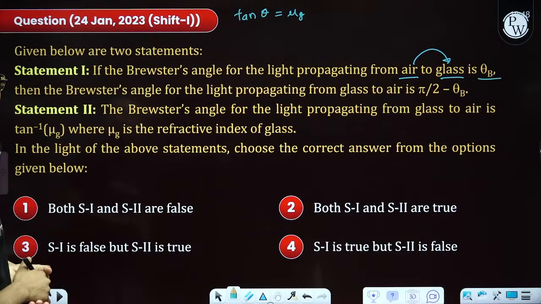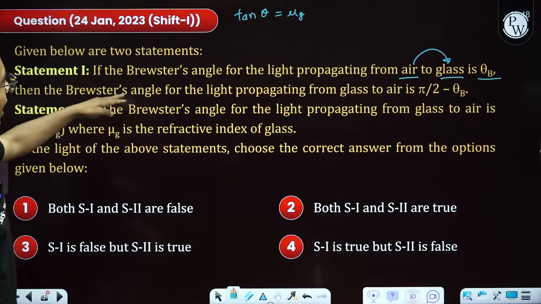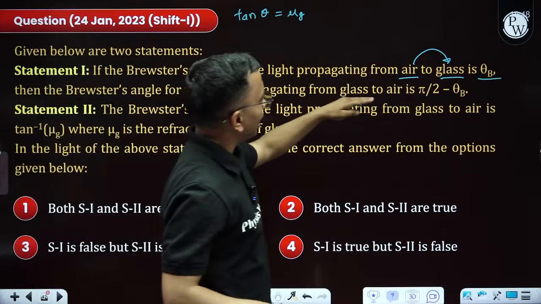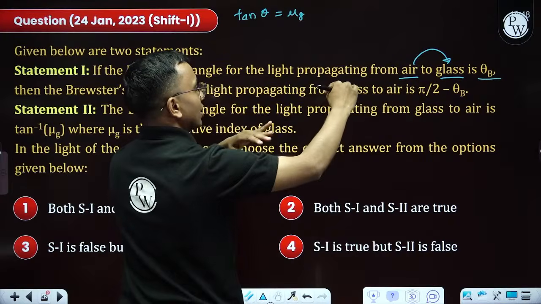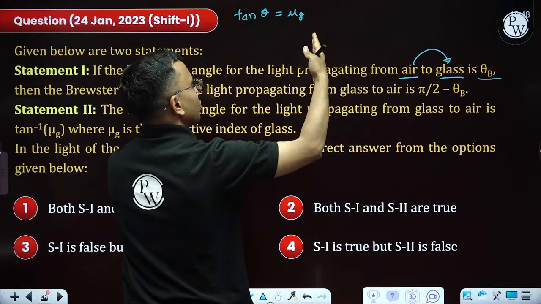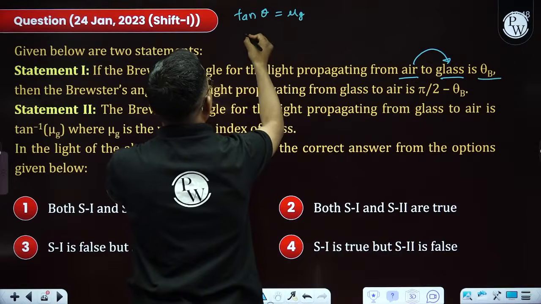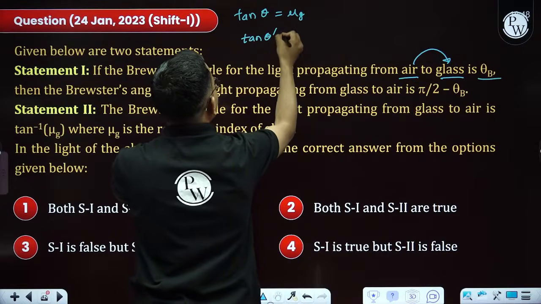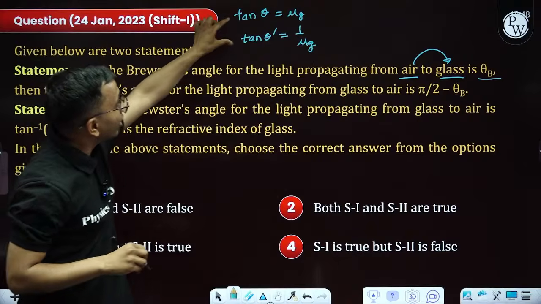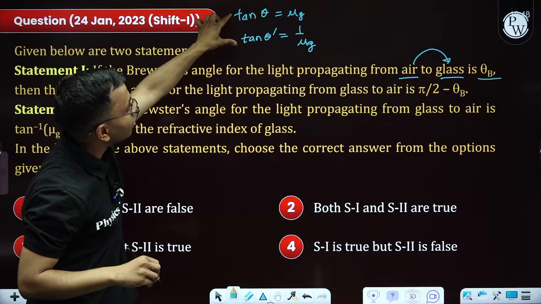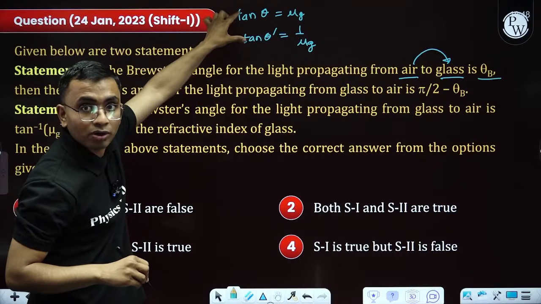Then the Brewster angle for light propagating from glass to air: the refractive index will be opposite, mu air divided by mu glass. Then tan theta dash will be equal to 1 by mu glass. What has to be the relation between these two? I know tan theta is equal to 1 by cot theta.